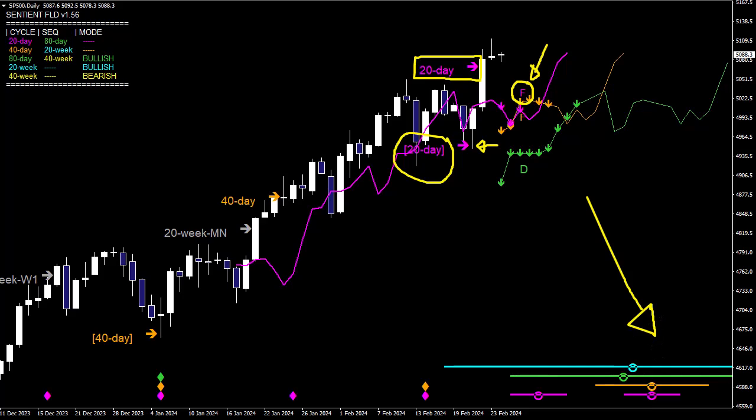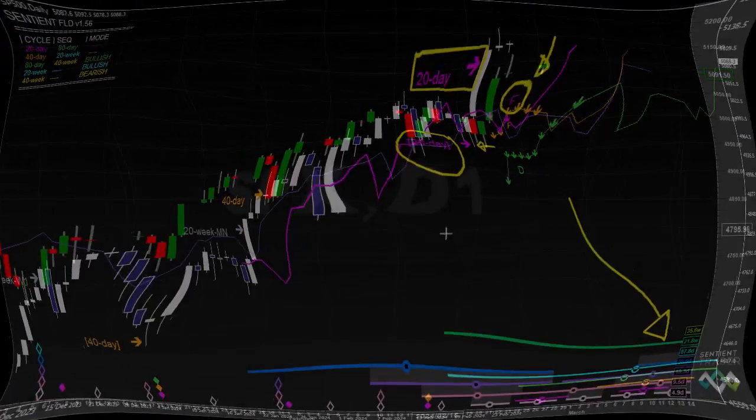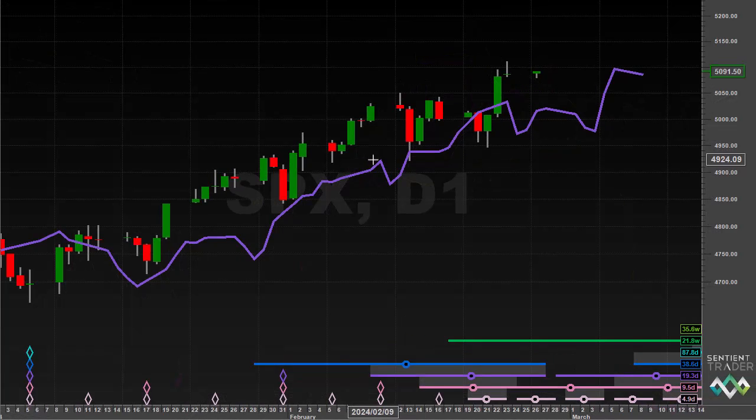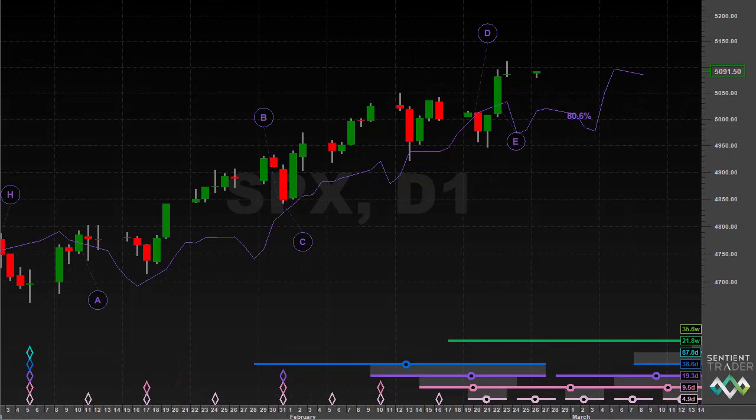What about the sequence of interactions in Sentient Trader? Again, I keep my charts simple when I'm presenting these videos, but here is a new feature that we have just completed testing in Sentient Trader, which automatically identifies the sequence of interactions. As you can see here, we have our D category and then E category interactions for the 40-day cycle trough.